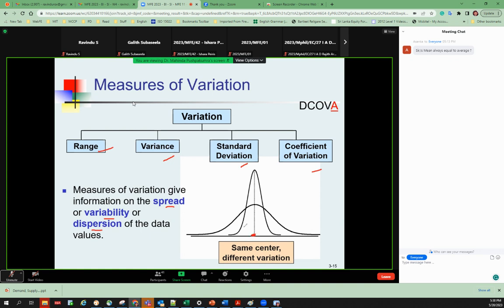Measures of variation show how observations deviate from the average, whether observations are around the average or whether they deviate from the mean value. These are the measures: range, variance, standard deviation, and coefficient of variation.